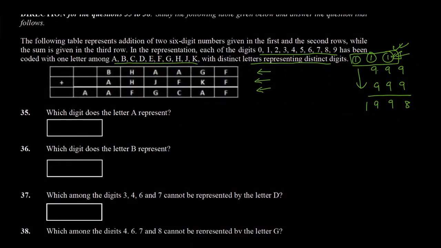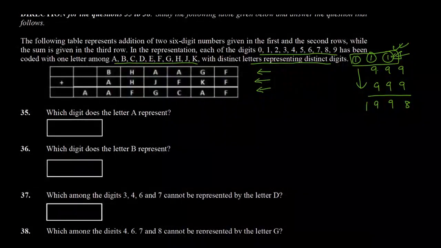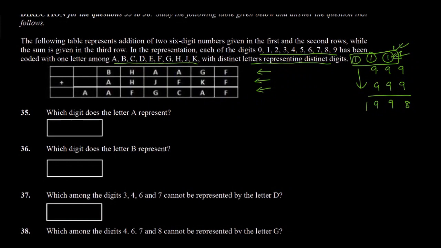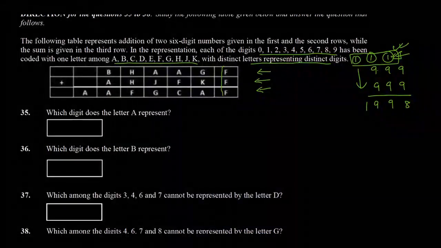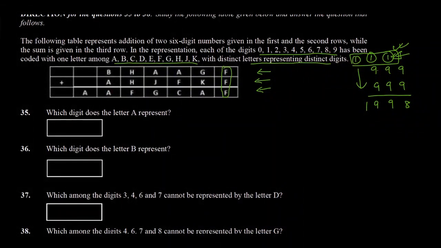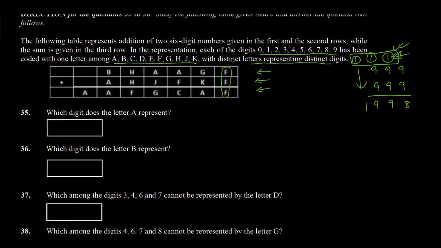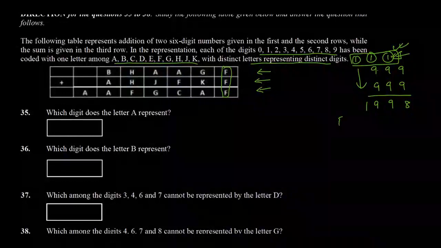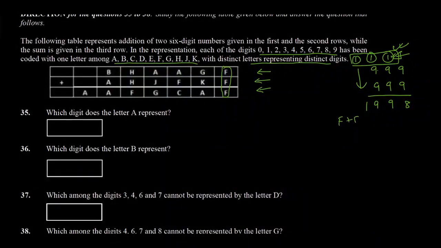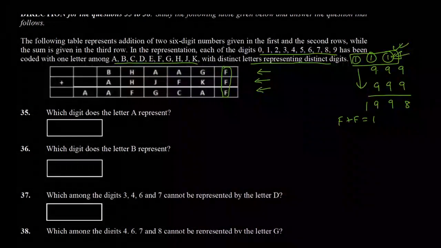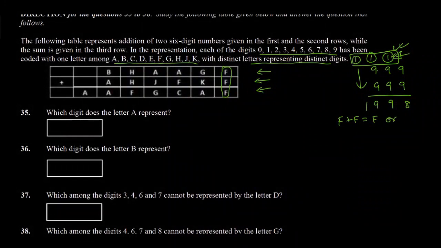So now let's look at the problem itself. In the last column we have 3 F's, which means there is a number F such that F plus F gives you F or 10F.